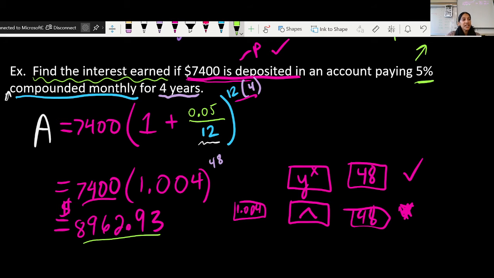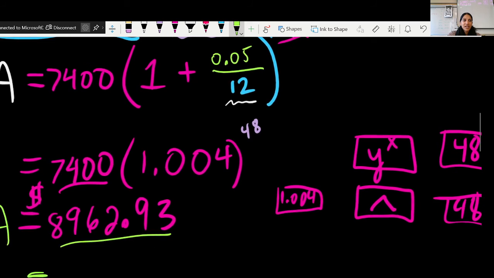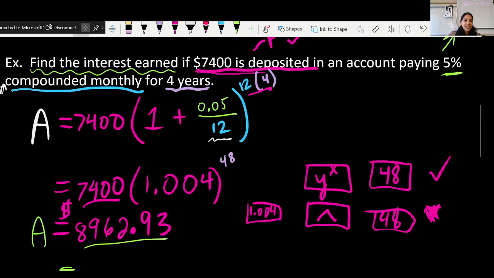Yeah, Alex, you can continue. Yeah, that minus what? Yeah, that minus the 7,400. Because, does everybody see the 7,400 was the principal amount?